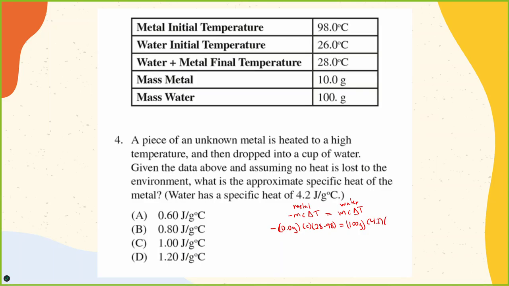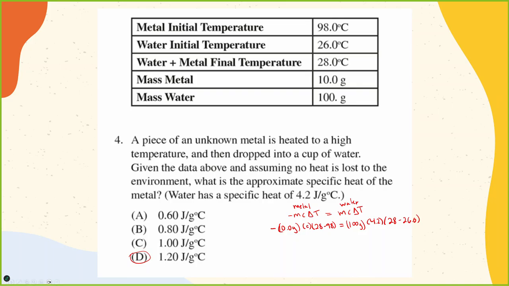And then the final minus initial temperature is 28 minus 26, so that's like 2. So that's just algebra, figuring out here. So I'm getting 1.20. I'm getting D on that one. So that's an MCAT one, thermoequilibrium.